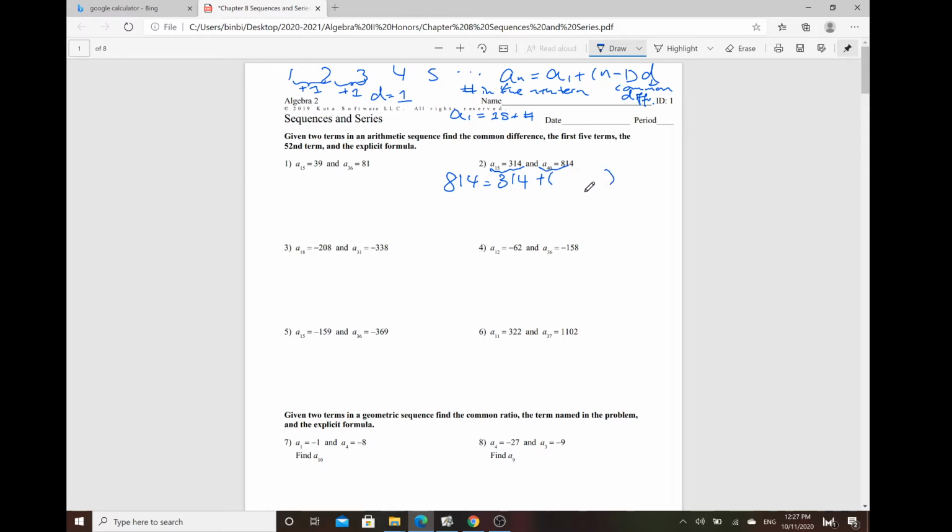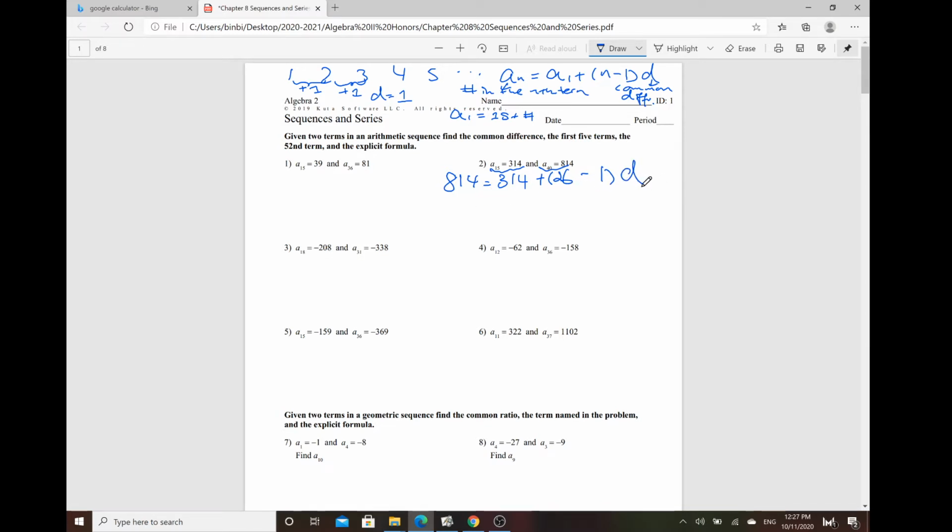For the value of n, you might be wondering how many terms there are from the 15th to the 40th term. You might think 25, but it's supposed to be 26, because you count the initial term, 15, and the final term. So 26 minus 1 is 25. The first thing we can find is the common difference using that formula.